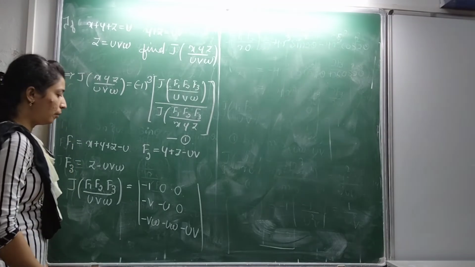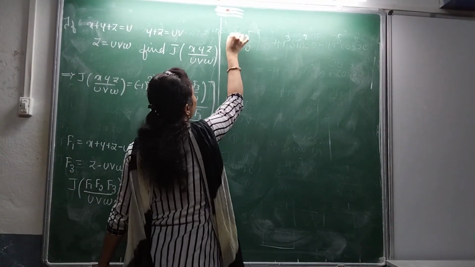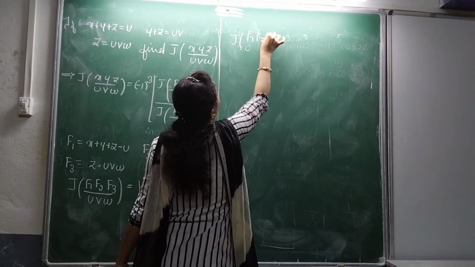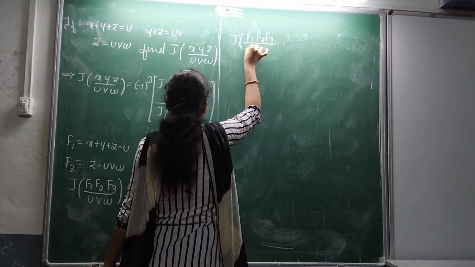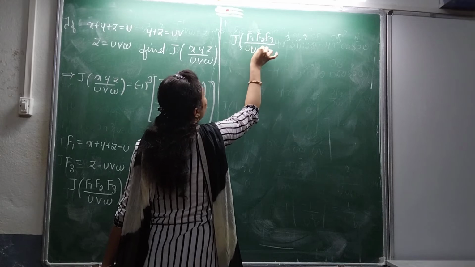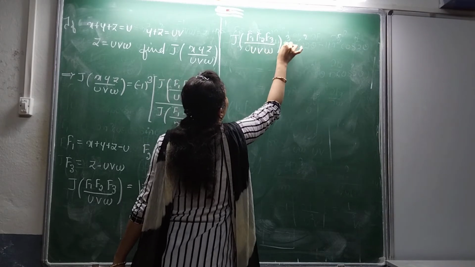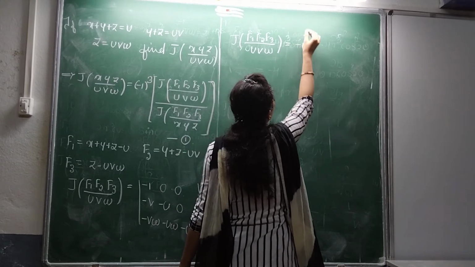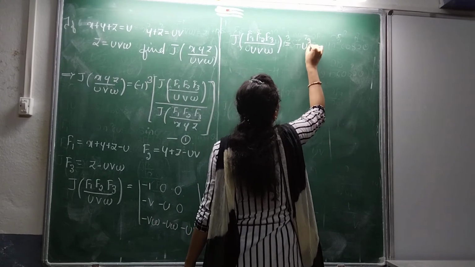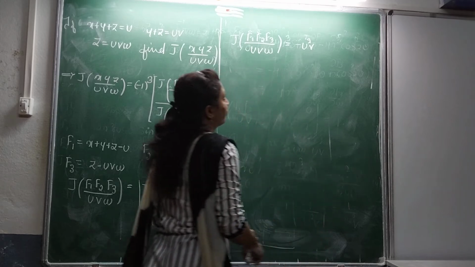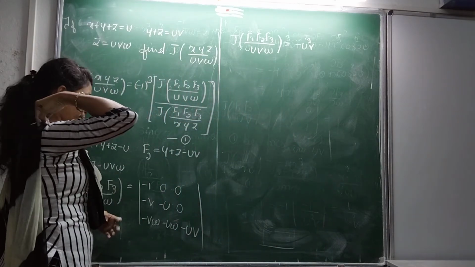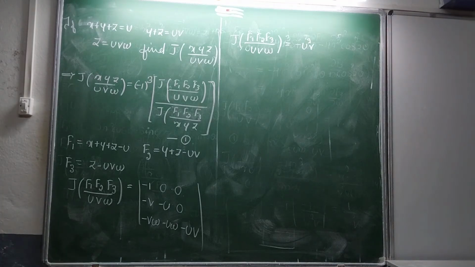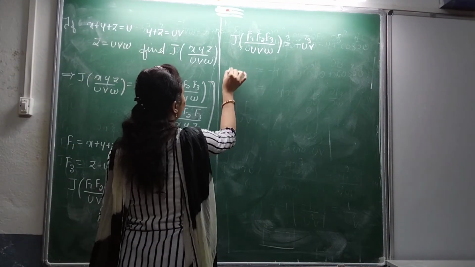So the Jacobian of (f1,f2,f3) with respect to (u,v,w) is equal to -u²v.